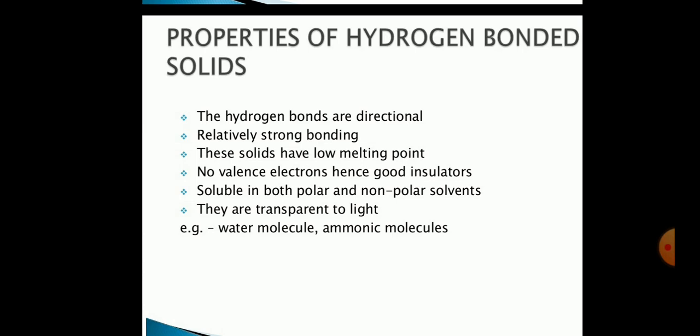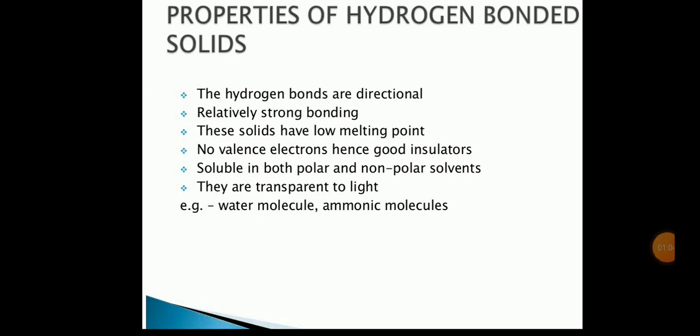These solids have low melting points, no free valence electrons, hence are good insulators, and are soluble in both polar and non-polar solvents. They are transparent to light. For example, water molecules and ammonia molecules.